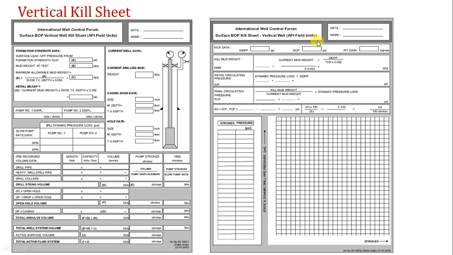Here is the shut-in data: shut-in drill pipe pressure, shut-in casing pressure, and pit gain. Here is how to calculate the kill mud weight, and here how to get the initial circulating pressure, and here the final circulating pressure in order to kill the well. So we will go directly to an example.